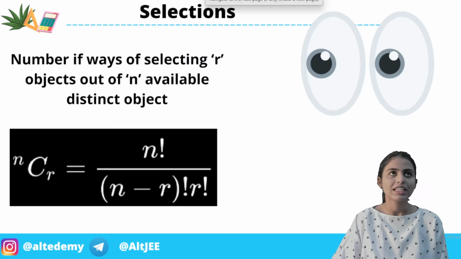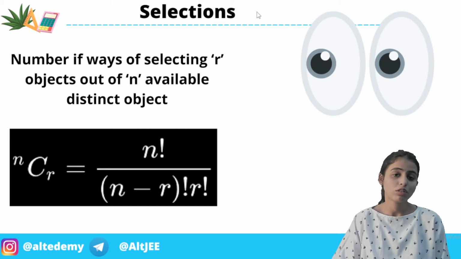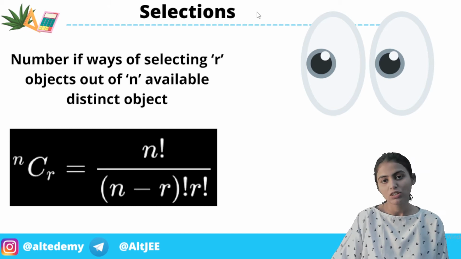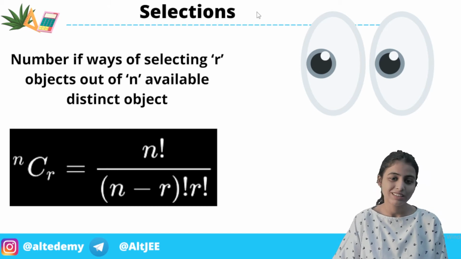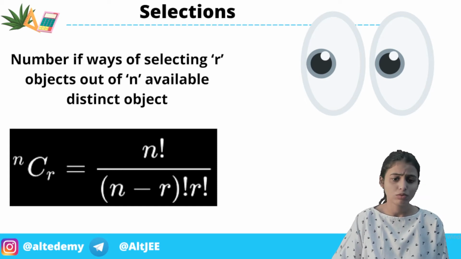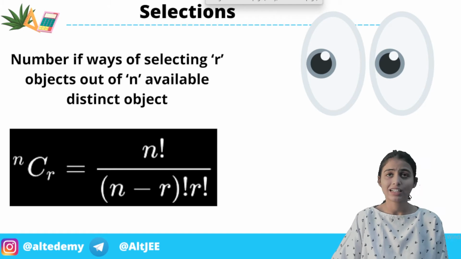Then we go with the selection. Basically it's the combination topic. In combination you don't have to worry about the arrangement. This is the difference between combination and permutation: in permutation there is an arrangement, whereas in combination there is no arrangement. For that you can see this formula and go through it. You have to understand the condition given.